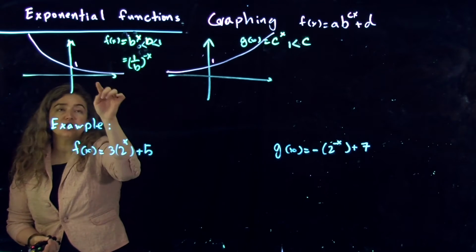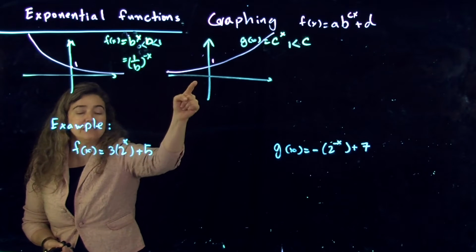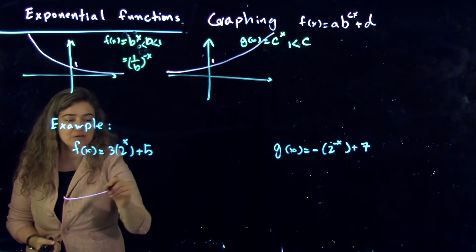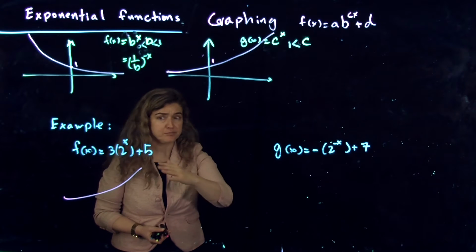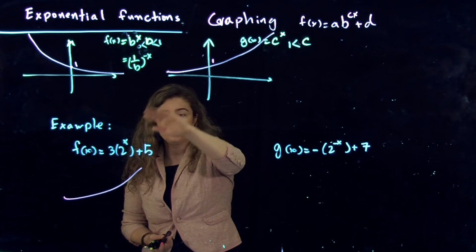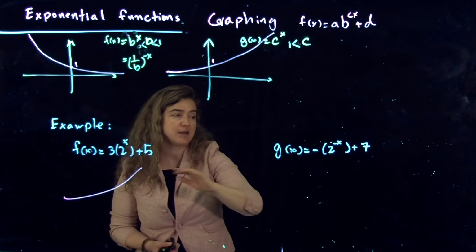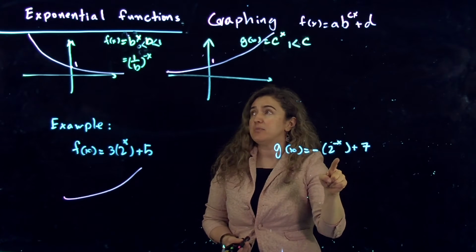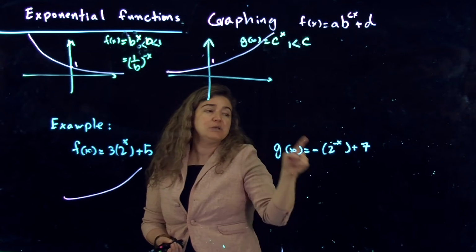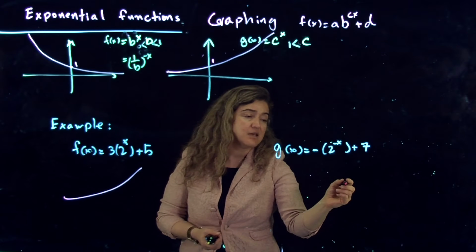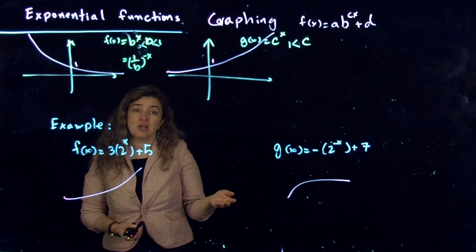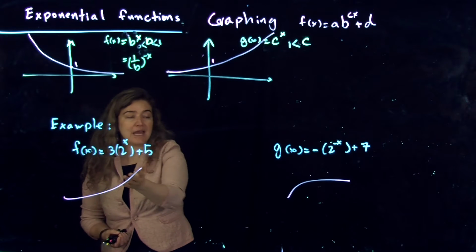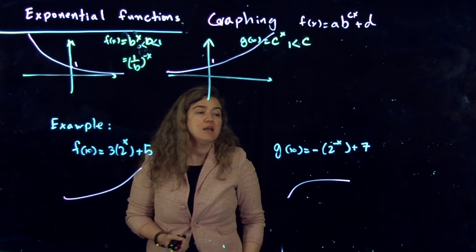So the approximate shape of this one follows that without any reflection over the x-axis. The approximate shape of this one follows that with a reflection over the x-axis. So I'm expecting it to be like that. So the approximate shape is important. We call it concavity over here and over there.